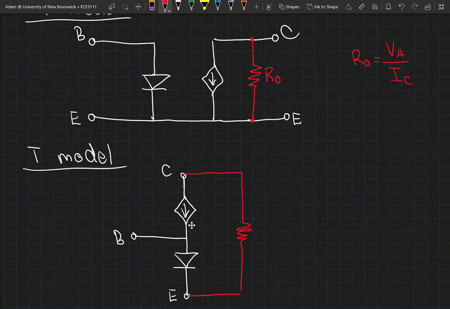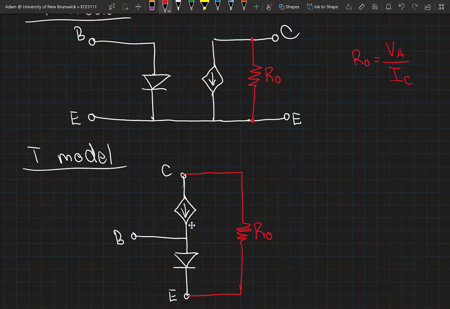And this, particularly in the T model, introduces a more challenging model to solve for in a circuit, and often we will therefore ignore the output resistance just to make for a simplified analysis of our circuit, albeit a bit less accurate.